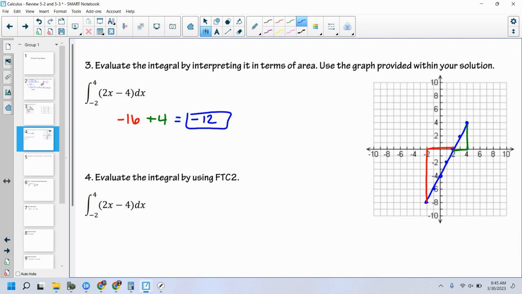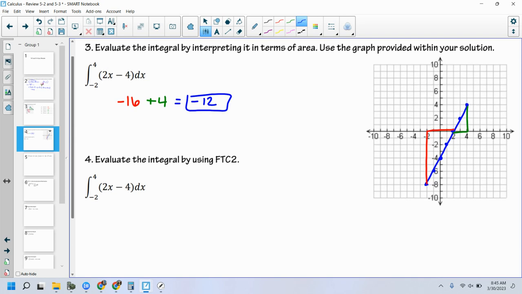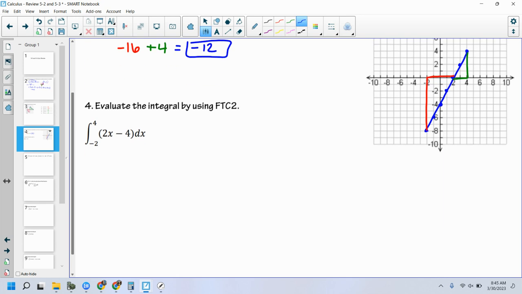Okay, now what should my answer be for number 4? Negative 12, right? But now let's use FTC2. FTC2 is the F of b minus F of a, where F is the antiderivative, right? So let's run the antiderivative. We got 2x squared over 2 minus 4x. Right, that's the antiderivative.